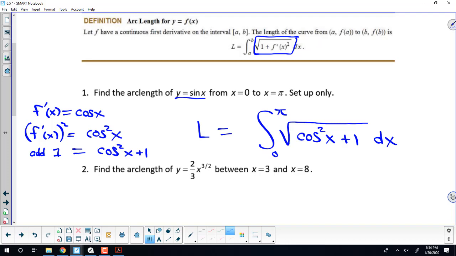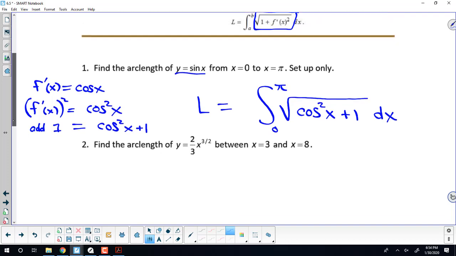We don't have techniques to do that yet. So the ones that we see here, until we learn other techniques, one of two things happens. One, the square root just goes away because the quantity under it is a perfect square. If the radical doesn't go away, then it's a u substitution that you can use to solve it.